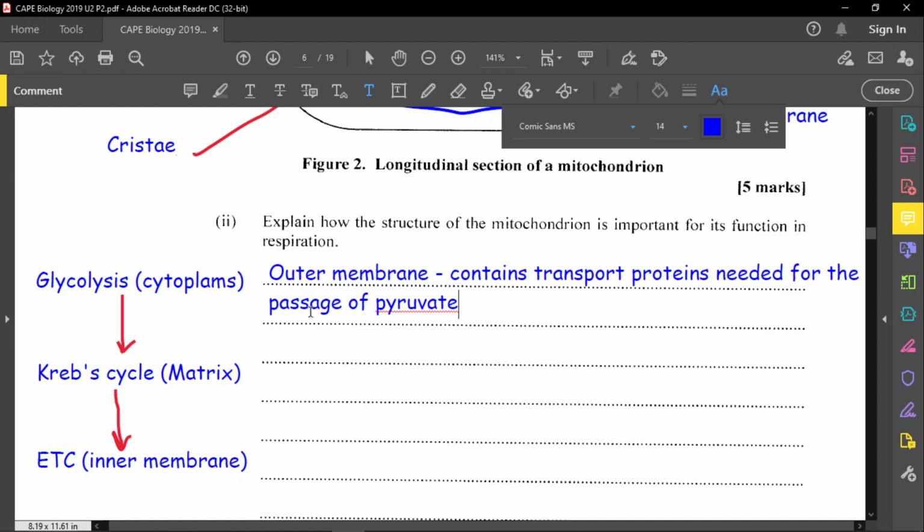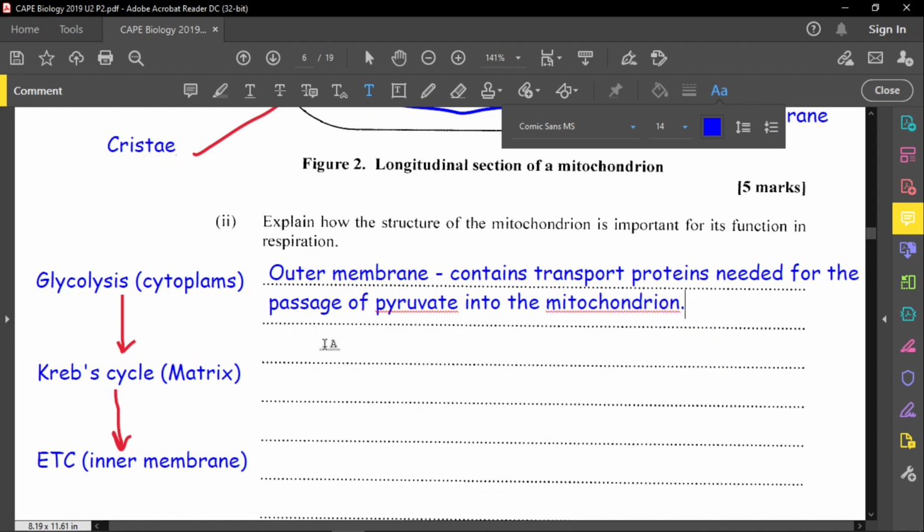Glycolysis is where glucose is split into two molecules of pyruvate. So a 6-carbon molecule is converted into two 3-carbon molecules, just to make a mention of that. So the transport proteins are needed for the passage of pyruvate into the mitochondria. That's very important there.